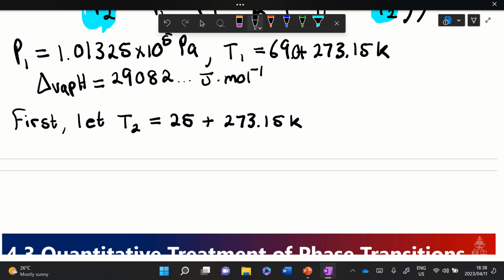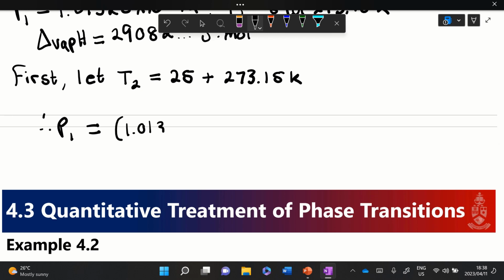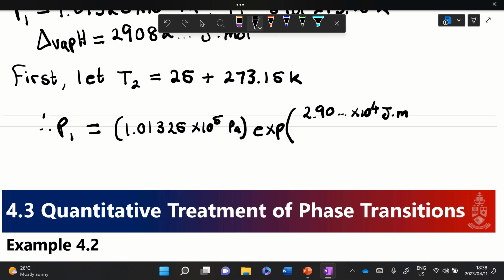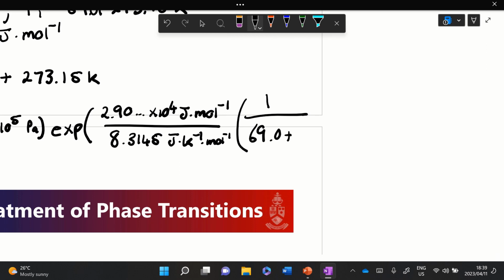So if we plug in all those values, then P2 is equal to 1.01325 times 10 to the power 5 pascals times the exponent of 2.90 and a bunch of stuff times 10 to the power 4 joule per mole, all divided by R, which is 8.3145 joule per Kelvin per mole, and this needs to be multiplied by 1 over 69.0 plus 273.15 Kelvin, minus 1 over 25 plus 273.15 Kelvin.